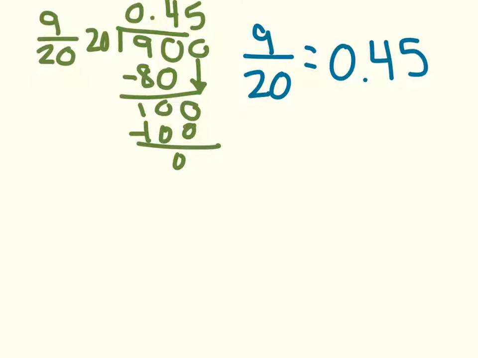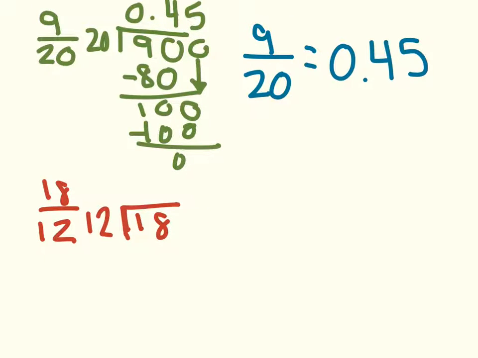We'll do one more example that's a little bit different. We will work with 18/12. Right away we should be noticing that this is an improper fraction because 18 is larger than 12 and it's the numerator. But we still are going to divide. 18 is inside because it's the numerator and 12 is on the outside. 12 does not go into 1. 12 goes into 18 one time. 1 times 12 is 12.